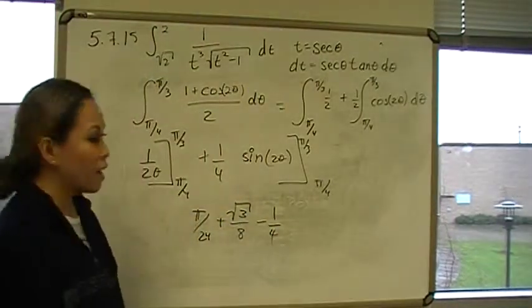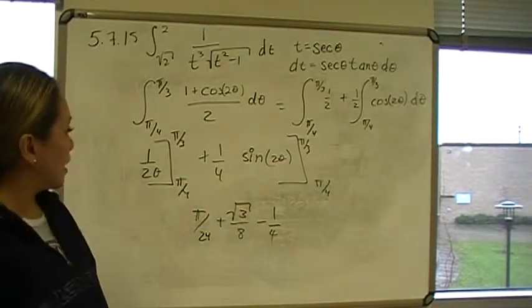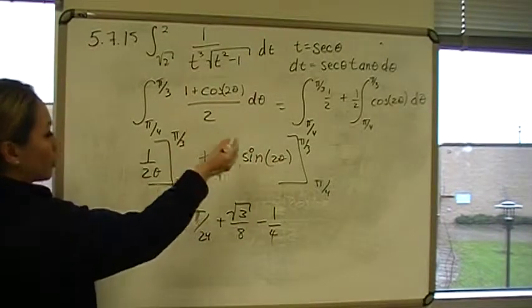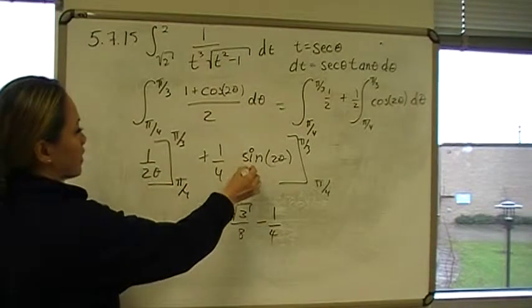Okay, and so, yeah, that is the answer. So the integral before you evaluate it should be 1/2 theta plus 1/4 sine of 2 theta.